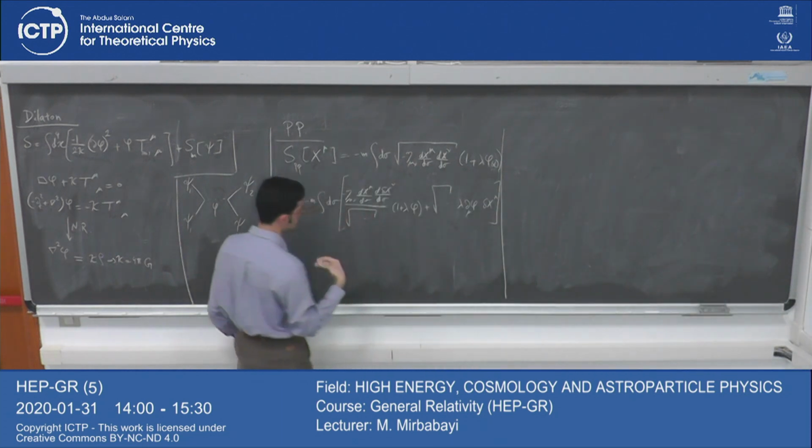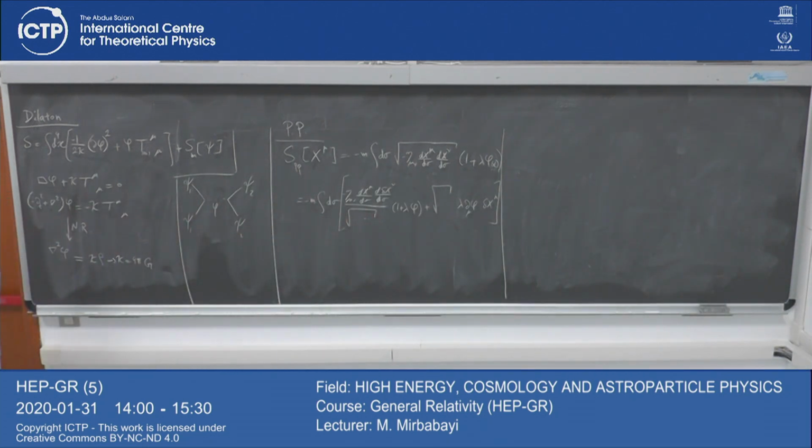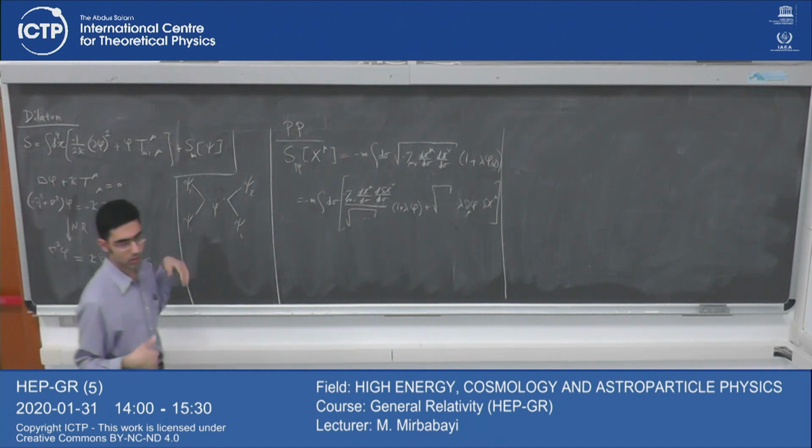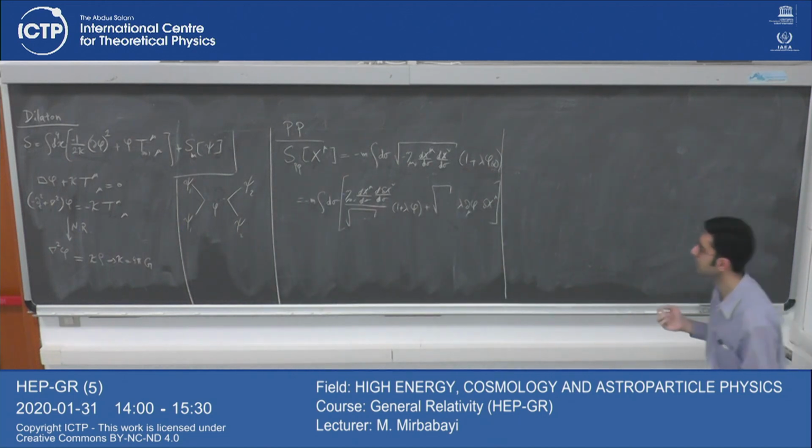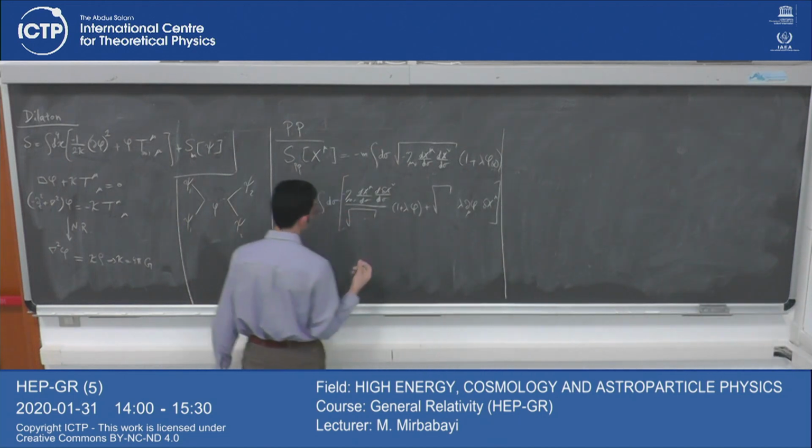And then we do a couple of integration by parts to capture the coefficient of delta x mu and require that to be 0 for the action to be stationary. And that gives us the equation of motion.